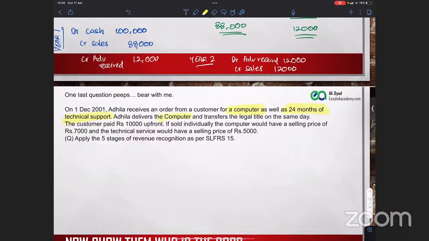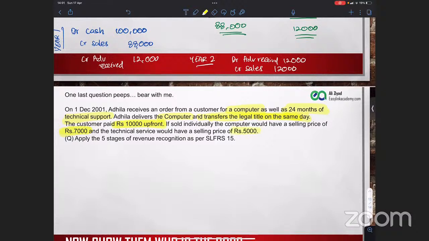So computer, is it transferred at a point of time or over time? Point of time. The customer paid 10,000 rupees upfront. If sold individually, computer would have a standalone selling price of 7,000 rupees and technical service will have a standalone selling price of 5,000 rupees.